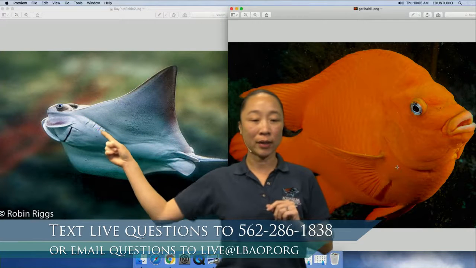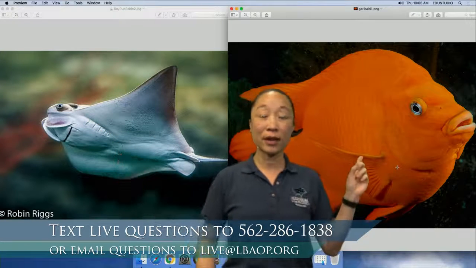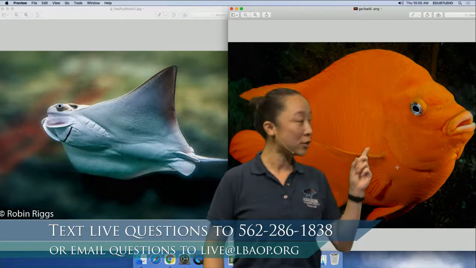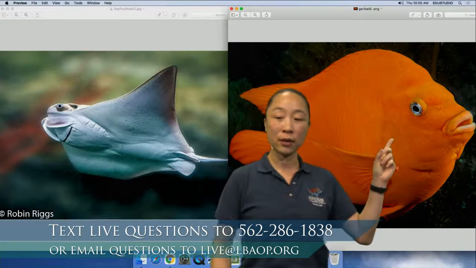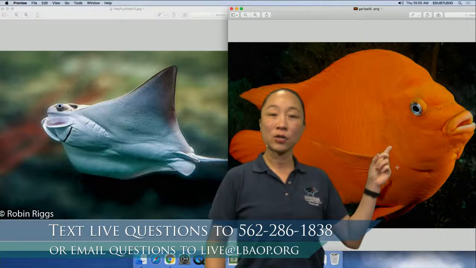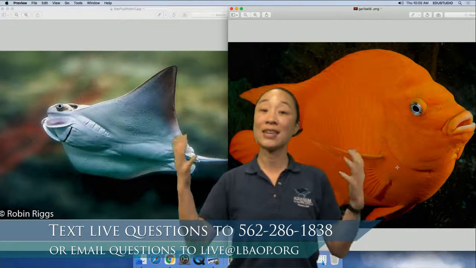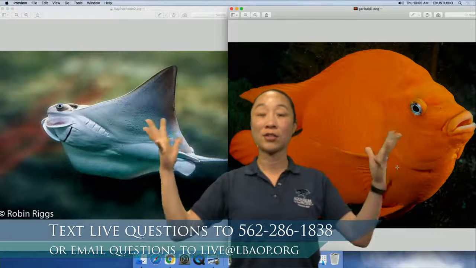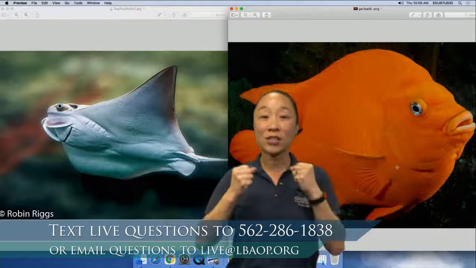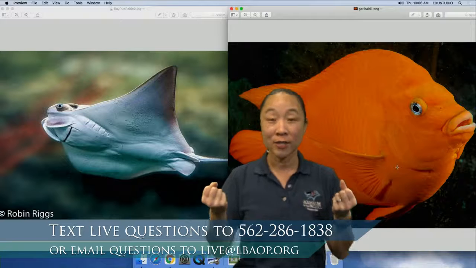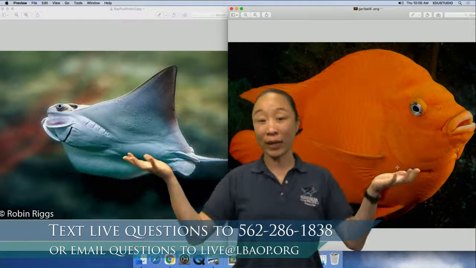Their gills are right here. And this Garibaldi, which is a kind of fish, has gills too. And that's right here. So they both can breathe underwater using gills. The gills are really cool. They get oxygen from water. So they are just in the water and they breathe in there.